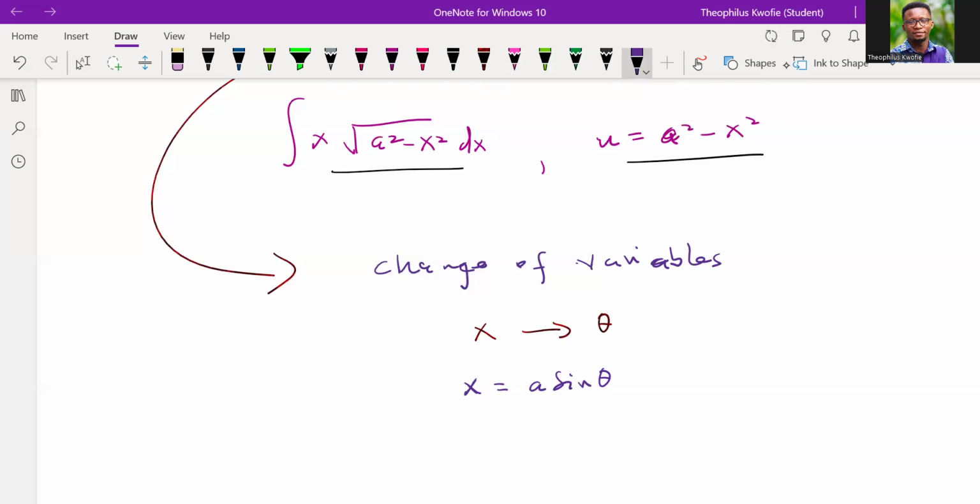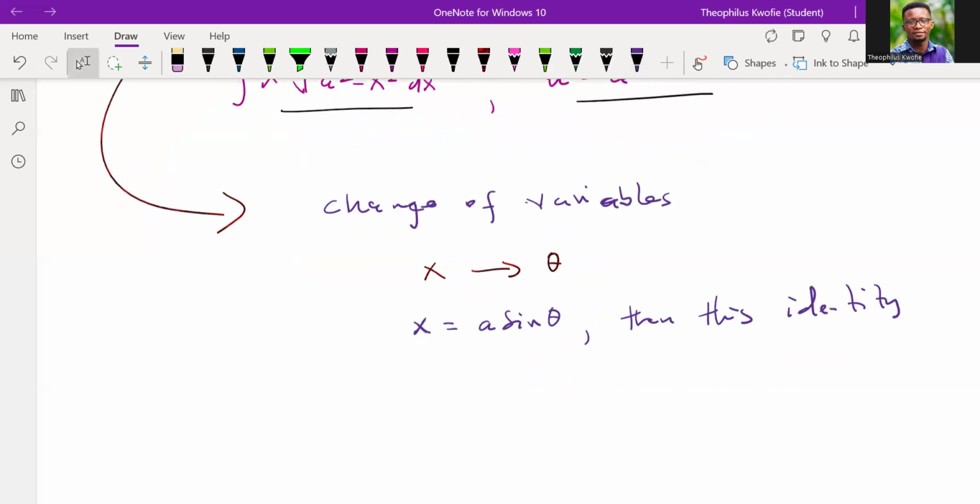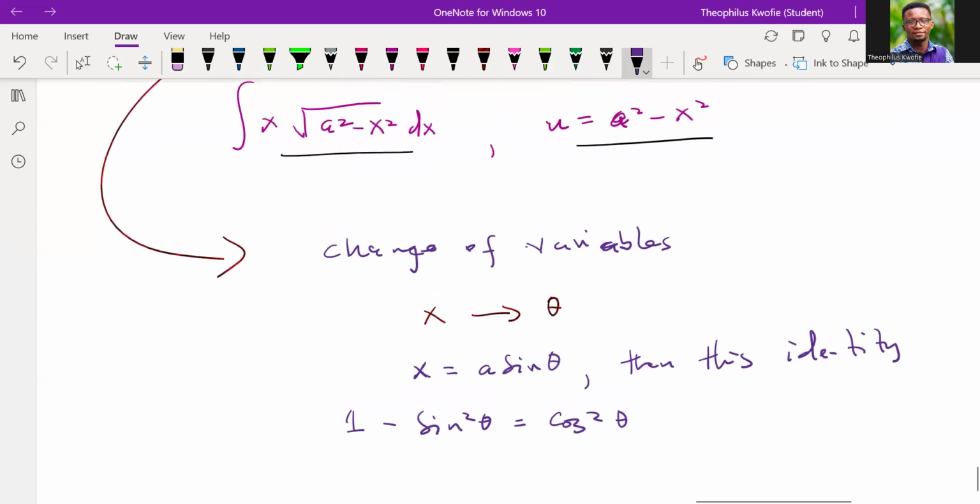Then this identity, I know we are much familiar with this, will be equal to the cosine squared theta. This would allow us to get rid of the root sign.